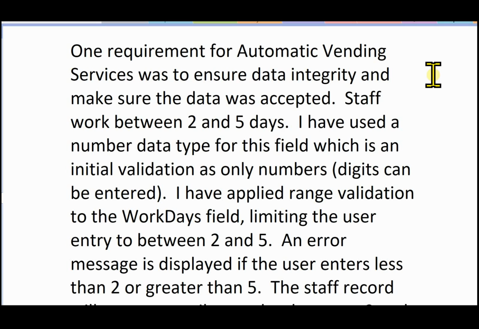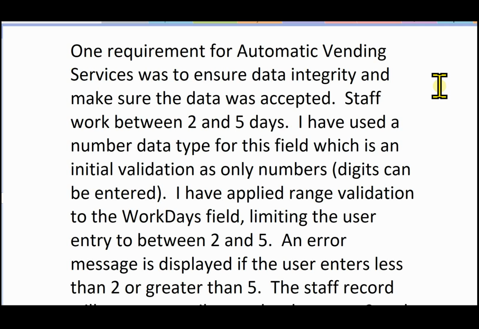One requirement for automatic vending services was to ensure data integrity and make sure that the data was accepted. Staff work between 2 and 5 days. I've used a number data type for this field, which is an initial validation, as only numbers, i.e. digits, can be entered.